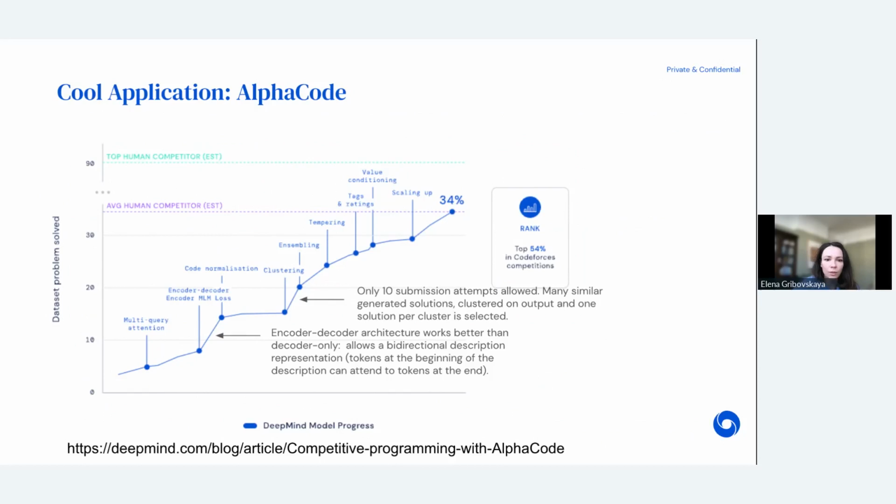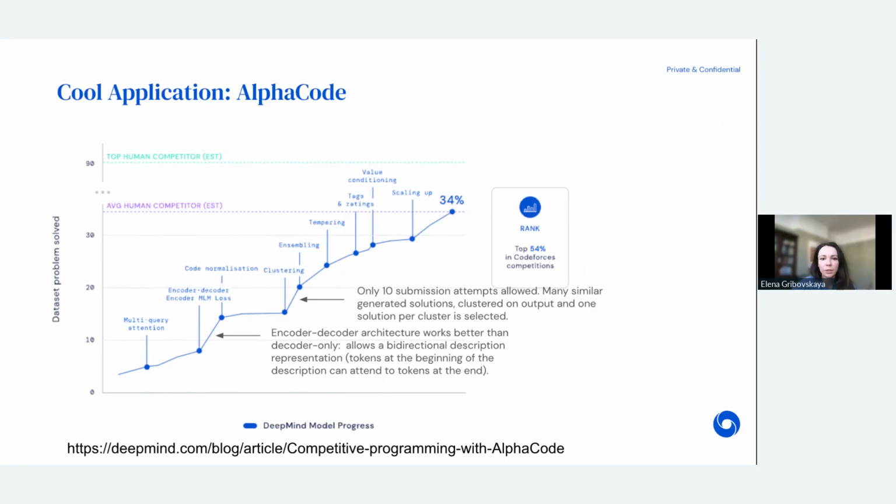So I wanted to highlight two modifications to the model. Usually large-scale language models, like the very large-scale GPT-3 or Gopher, which was released by DeepMind earlier in 2021, are decoder-only models. But here, the authors of the AlphaCode project found that encoder-decoder architectures work better because they allow essentially bidirectional representations.